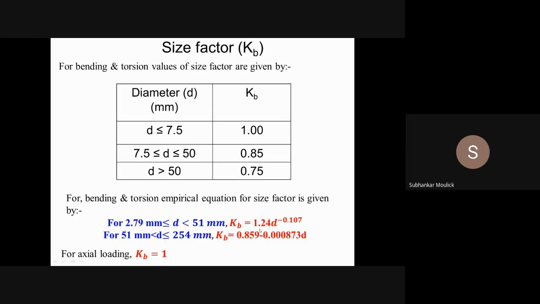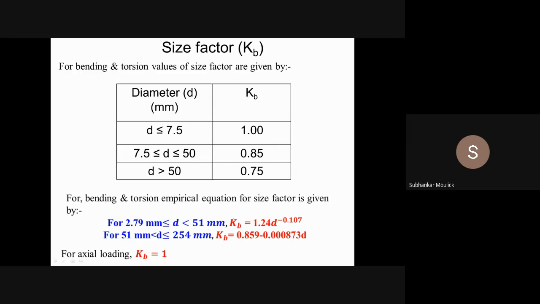Now there are two more empirical equations which you can use to find out the value of KB. If the diameter of the shaft is less than 51 mm, and it lies between 2.79 mm to 51 mm, then the empirical equation to be used is KB equal to 1.24 times D to the power minus 0.107.